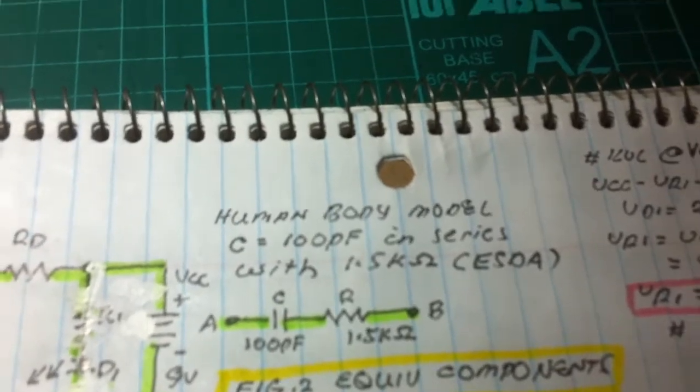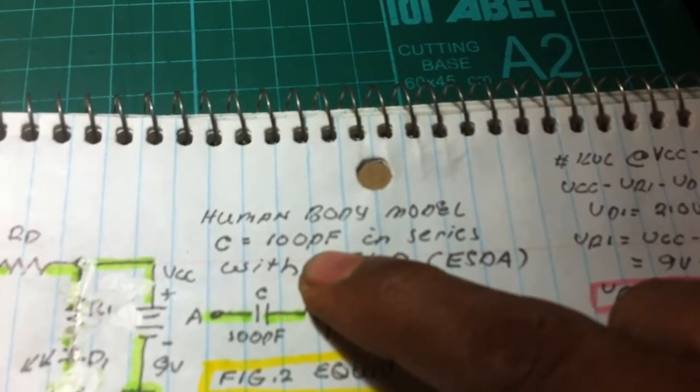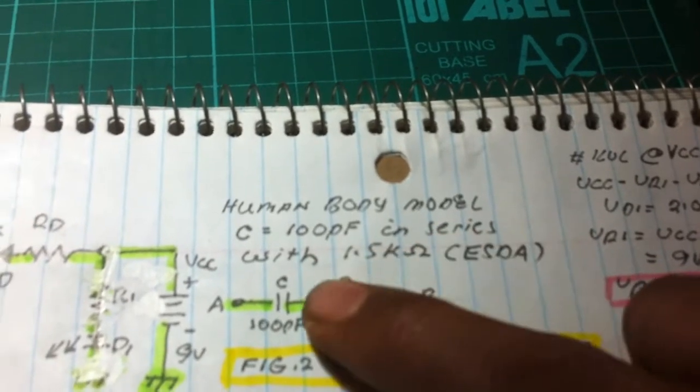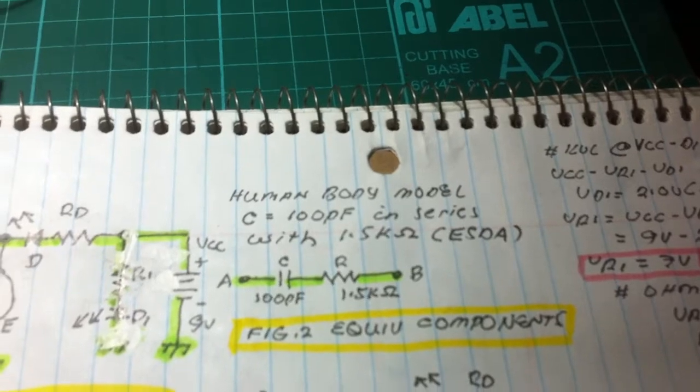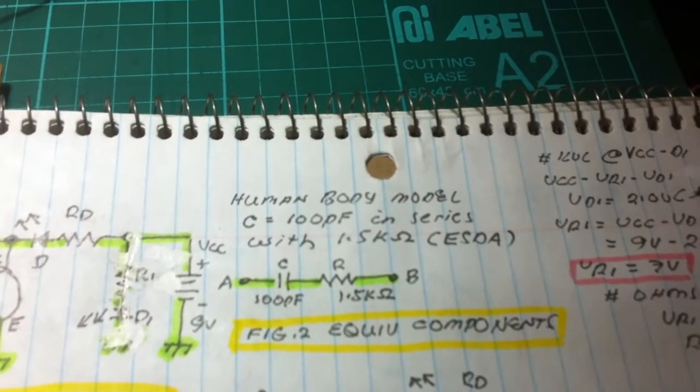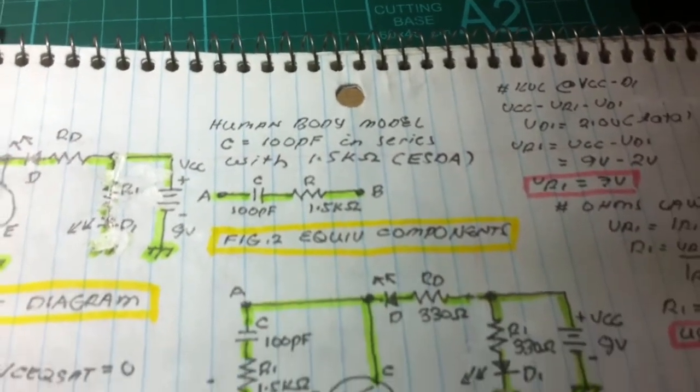So we know that the human body model has a capacitance of 100 picofarad, our own body capacitance, in series with 1.5 kilo ohms, to produce what they call electrostatic charges.